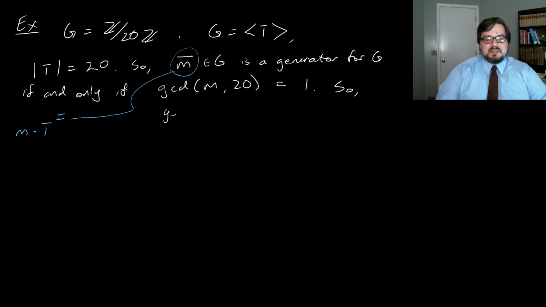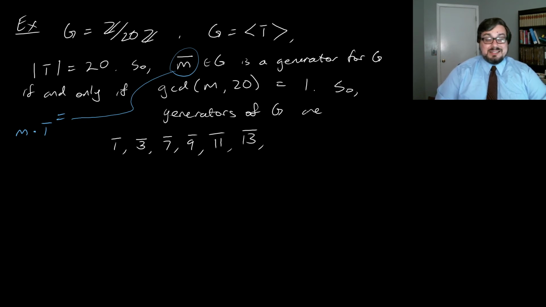So that means that the generators of G are 1, 3, not 6, 7, not 8, 9, not 10, 11, not 12, but 13, not 14, not 15, not 16, we get 17, not 18, and 19.